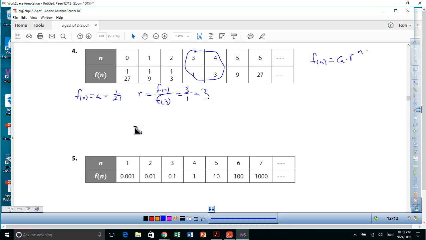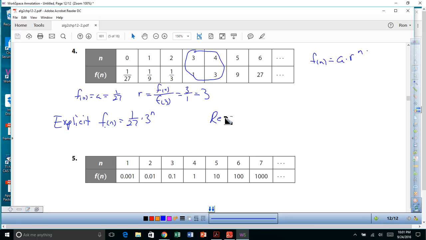The explicit formula, or explicit rule, however you want to say it, f of n equals 1 over 27 times 3 to the nth power.